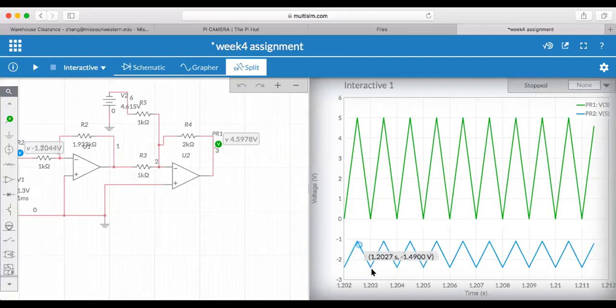The input is blue, the output is green. So these two op-amps will first make our input stronger, right? The input is kind of small and weak. Now it's 0 to 5. That's the first change the circuit does to our input signal.